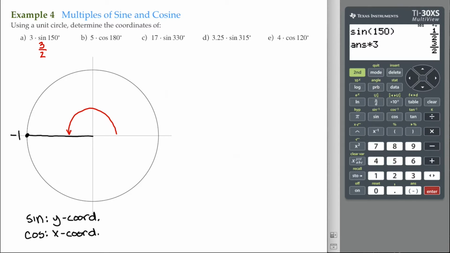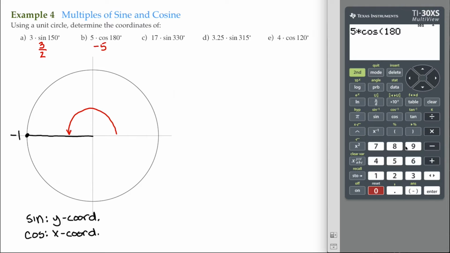So then 5 times -1 winds up being -5. So if we go to our calculators, I could simply type in 5 times the cosine of 180 degrees, close off your parenthesis, and you have -5. So we're using our unit circle to confirm our calculator and using our calculator to confirm our unit circle.